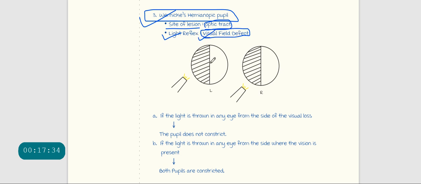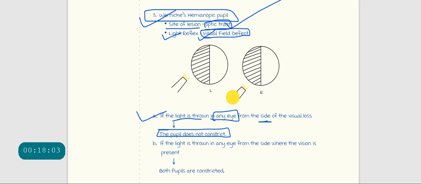If there is an optic tract lesion, the optic tract gets injured, due to which the pupils do not contract. When I throw light from a particular side and there is visual loss, there is no constriction.